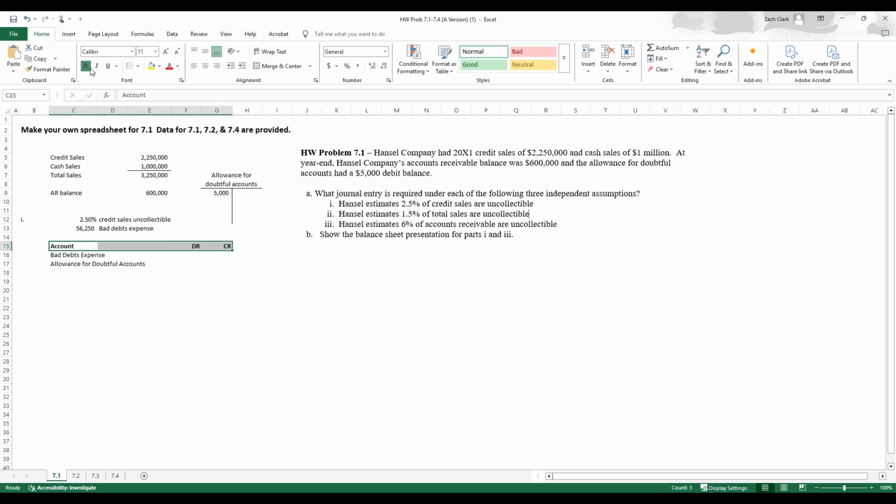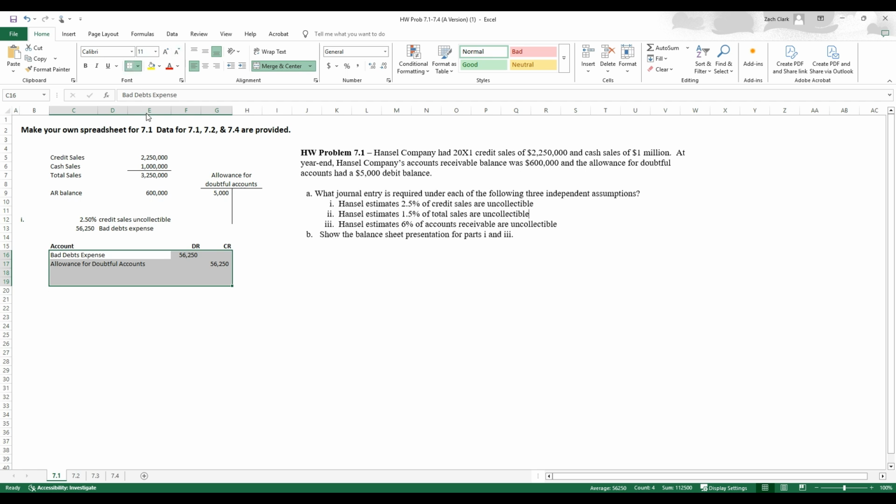So this will be our journal entries here. This is our credit, so let's indent that a little bit. And that's where we get 56,250. I'm going to merge these, put the formatting back that way. This is going to be a better looking general journal for us here. And let's go ahead and just make this look like a general journal.